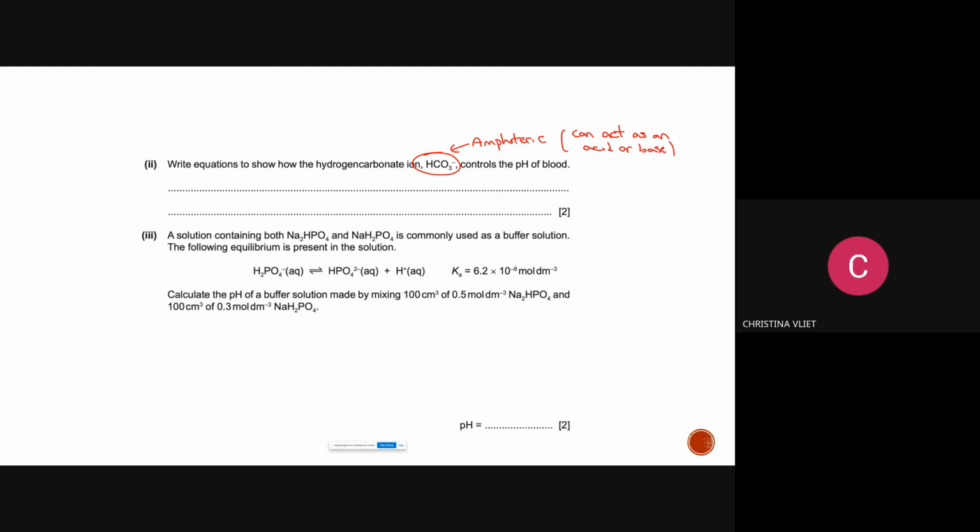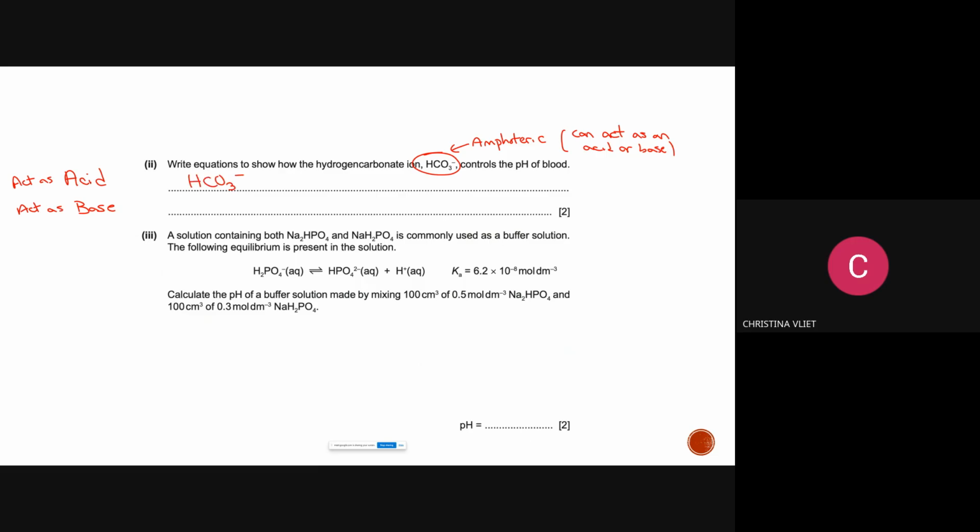And here they want you to show this. How does HCO3 minus act as an acid to control the pH of the blood? How does it act as a base? So I'm going to put it as the acid first, and then I'll do how it's acting as a base afterwards. Act as acid, act as base. HCO3 minus.